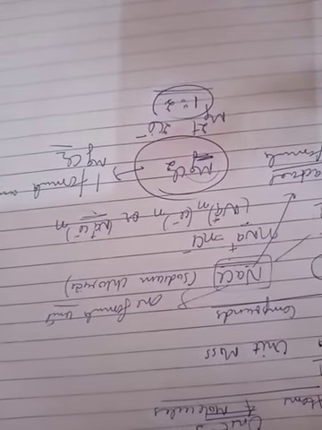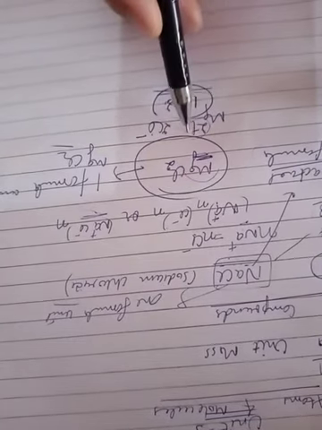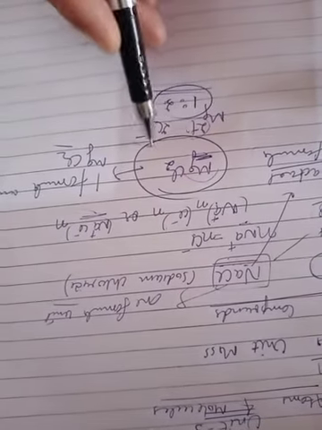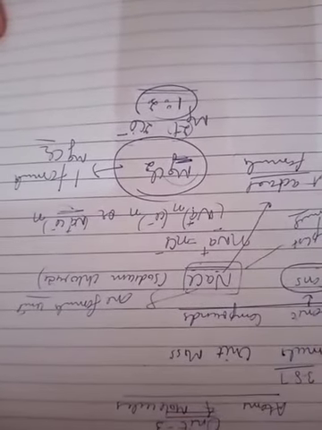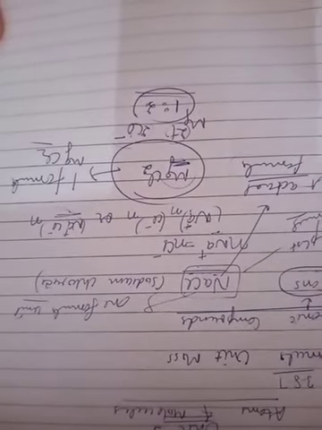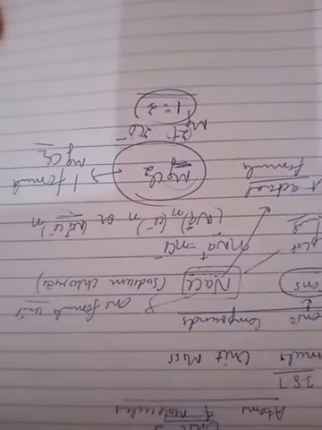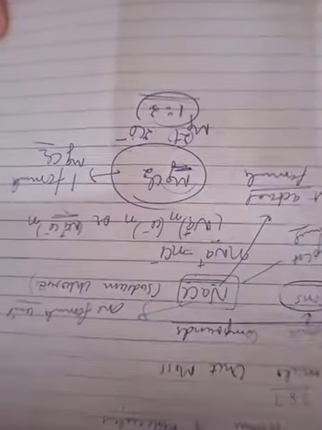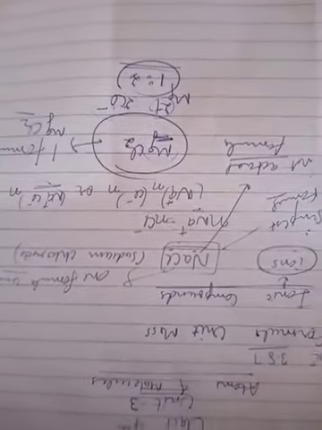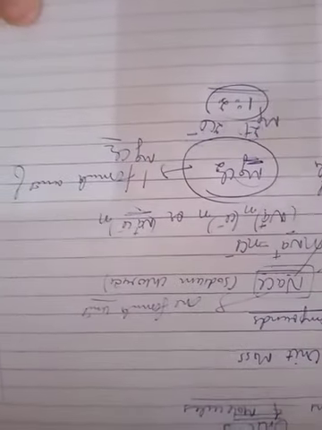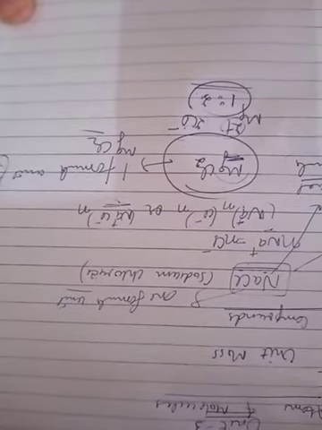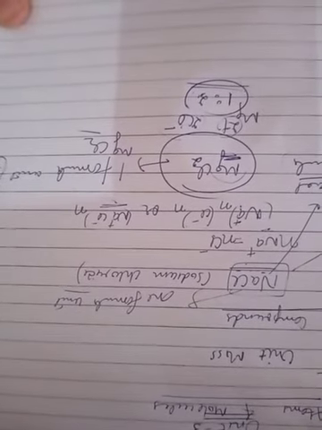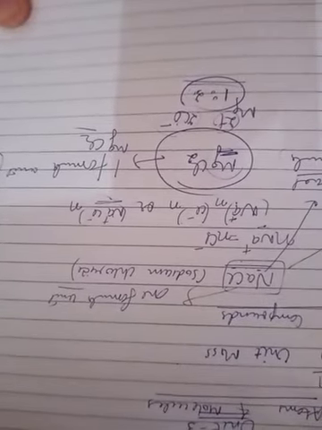In the crystal lattice, again the number of these ions must be equal. If it carries two positive charges, it means it also carries two negative charges. So the number of ions will be such that equal numbers of charges will be present here. So ionic compounds do not exist in molecular form. Clear? Ionic compounds do not exist in molecular form, therefore instead of using the molecular mass term, we use the term formula unit mass. Clear?